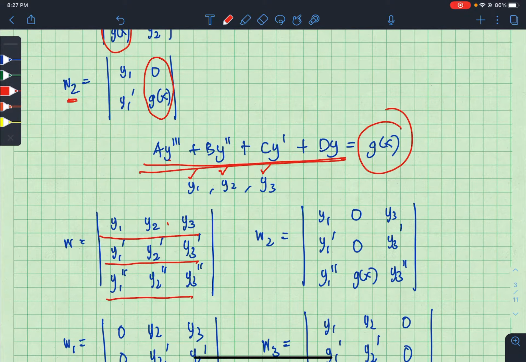And that one will become our final general solution. And that is our first example. So let's move on with another example.